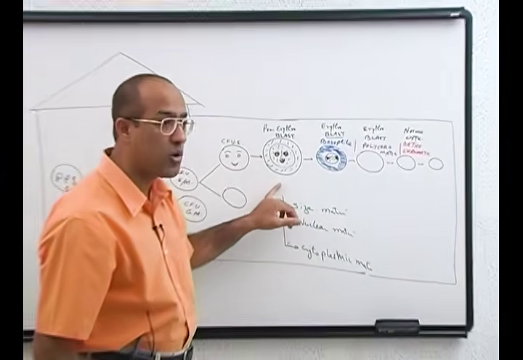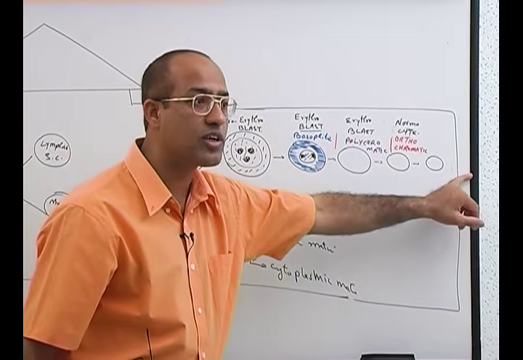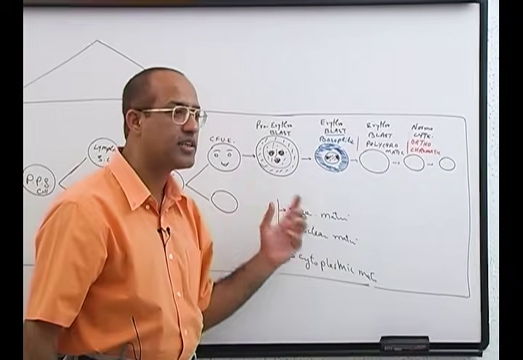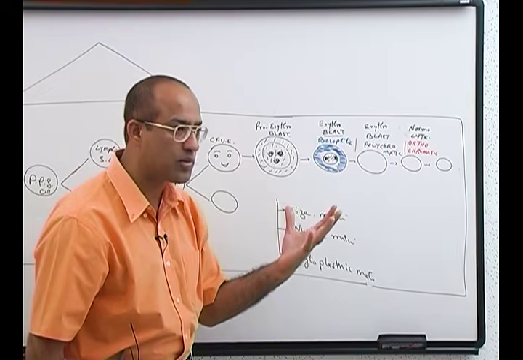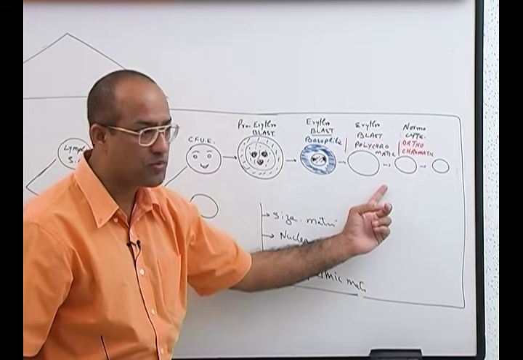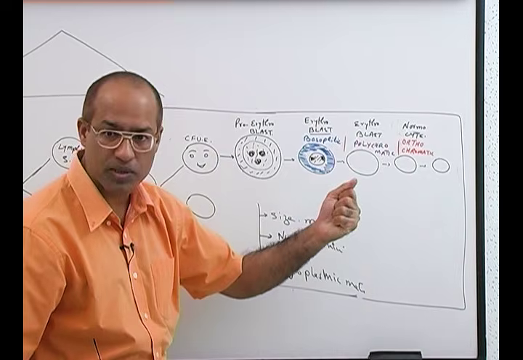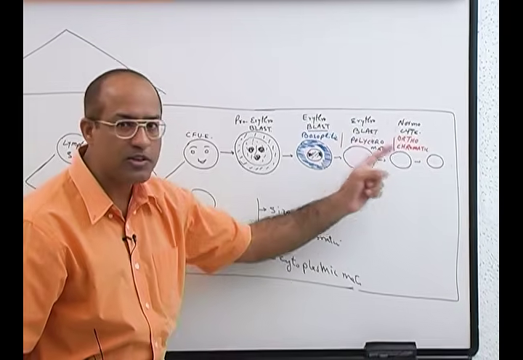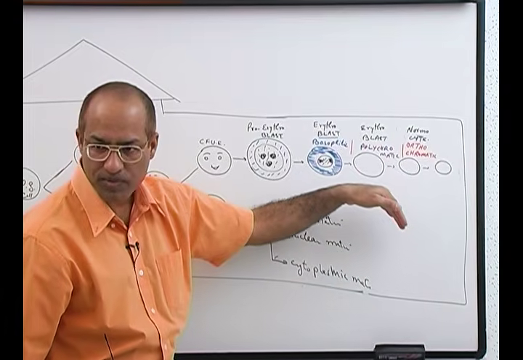Nuclear maturation. Early cells are proliferating more, later cells are not proliferating at all, and eventually the erythrocyte is without any nucleus. It means that early cells which are proliferating should have an open nucleus. Open nucleus means nucleus with euchromatin. As you move forward, replication capacity is becoming less, proliferation capacity is becoming less. So open chromatin will go to condensed chromatin. So euchromatin will start converting into heterochromatin, right? And eventually, because the finished product RBC does not have any nucleus, it means the nucleus should come out again.